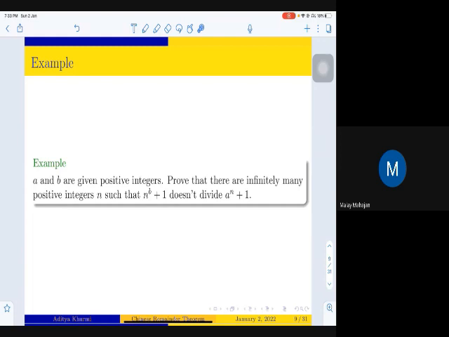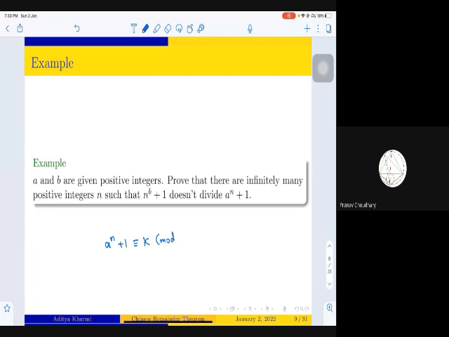Just type down any rough ideas. Any idea is a good idea. We can try a raised to n plus 1 congruent to k mod n to the power b plus 1, where k is not equal to 0.